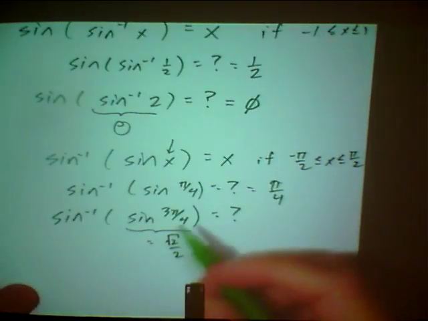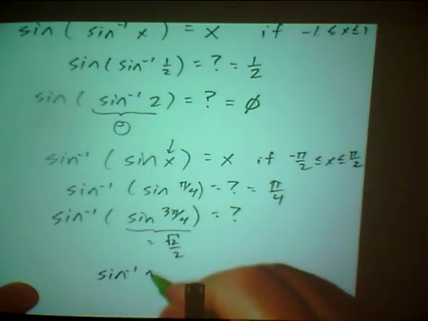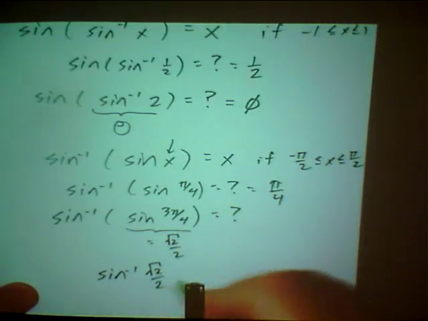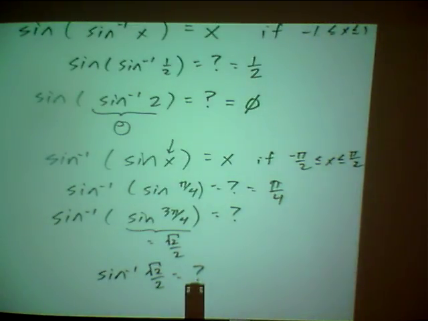So now the problem becomes the inverse sine of square root of 2 over 2. Now I have an inverse sine function, so I say to myself, let me go find an angle that when I take the sine of that angle, it equals square root of 2 over 2.